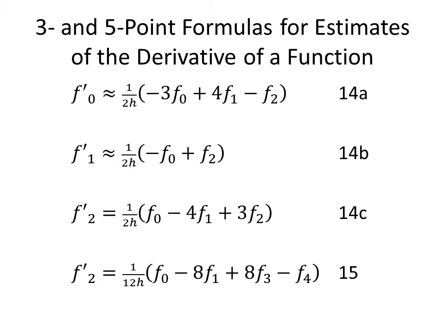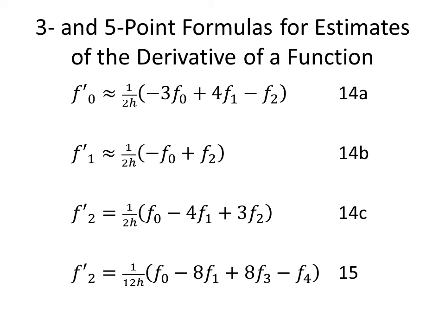But in these, notice that the one that we'll use most commonly is probably 14.b, where 14b is the equation number from section 19.5 of the text. This really just uses the value of the function at the point just to the left of the point of interest, and the value of the function just to the right of the point of interest.